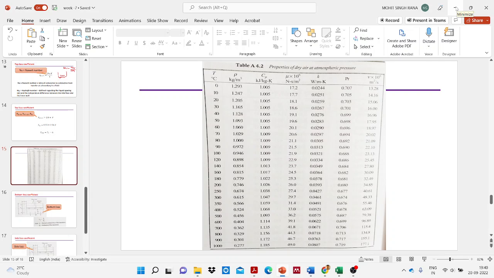In the exam, either these values will be given, or in practice we will have the book with us, so we can follow these standard tables. A lot of tables are there, so I suggest you check it later.